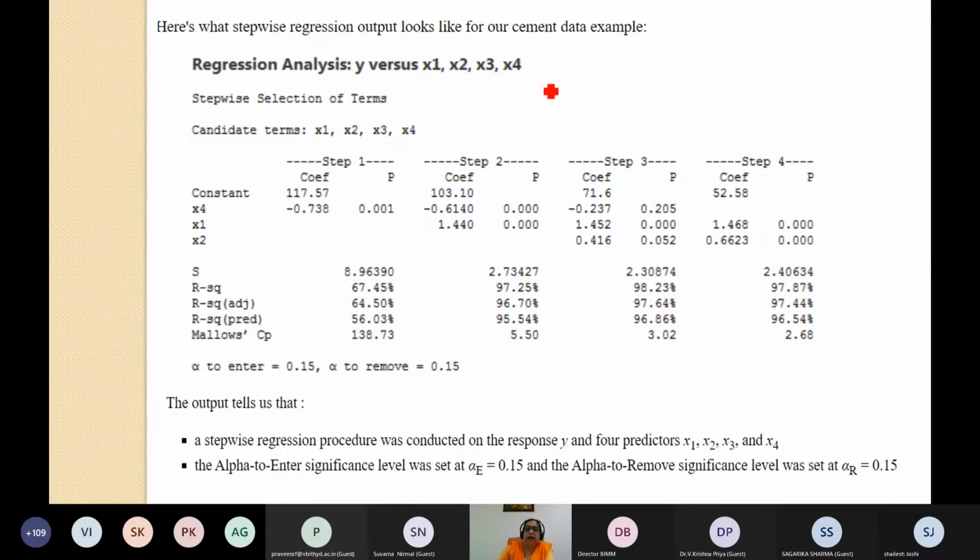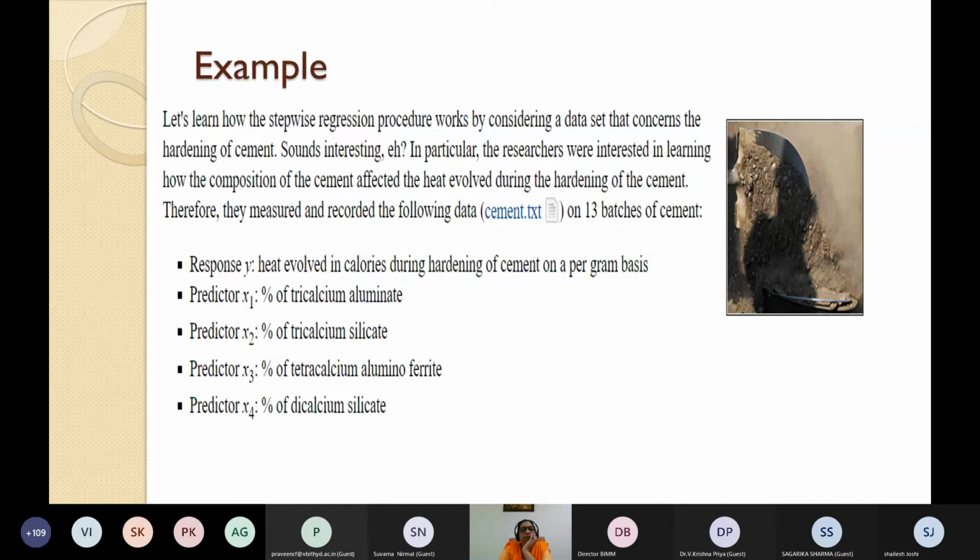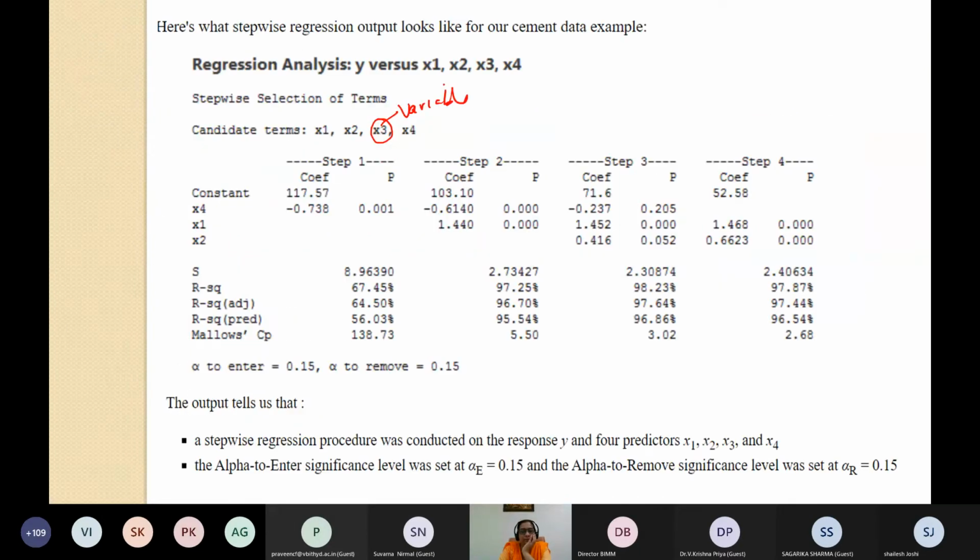In this manner, this particular variable is dropped. The software runs the program, and it has dropped the X3 variable, which means that the percentage of tetracalcium aluminoferrite is not impacting the hardening of cement on a per gram basis.